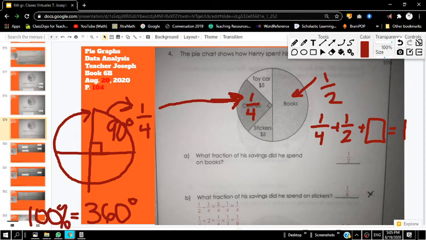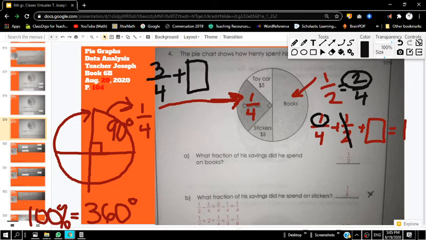And 1/2 is the same thing as 2/4, right? This is 2/4. So in other words, 2/4 plus 1/4 equals 3/4. And 3/4 plus some number equals 1. In other words, 100%.